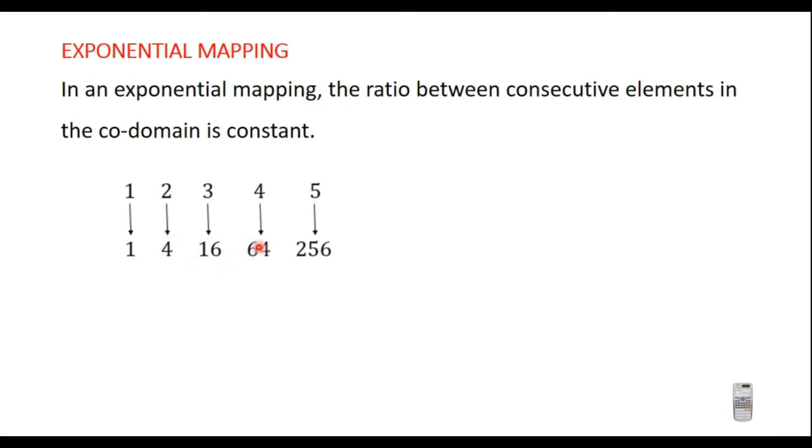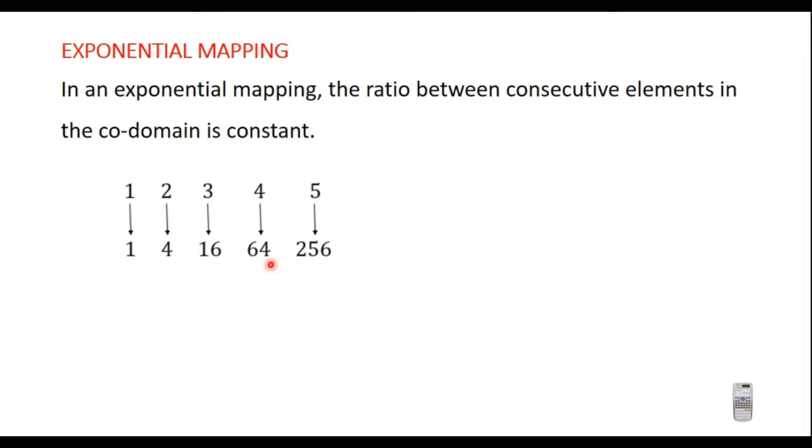You take 64, you divide by the previous number, you get 4. You take 256, divide by the previous number, you get 4. That is what we refer to as the ratio or the common ratio. So you take 4 divided by 1, 16 divided by 4, 64 divided by 16, 256 divided by 64, and you are getting constant values.